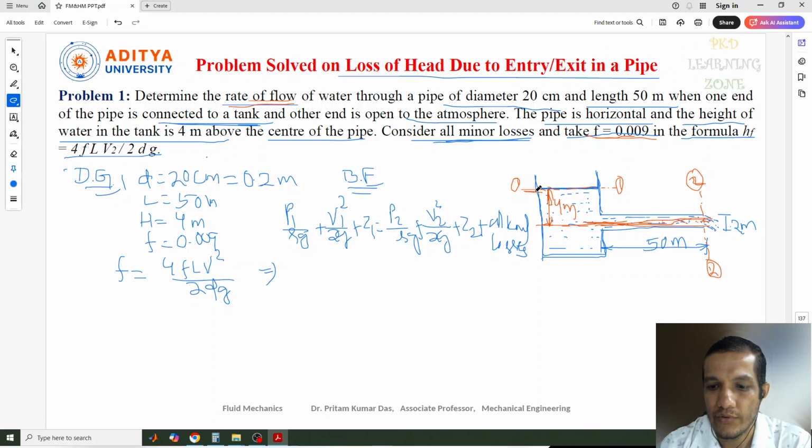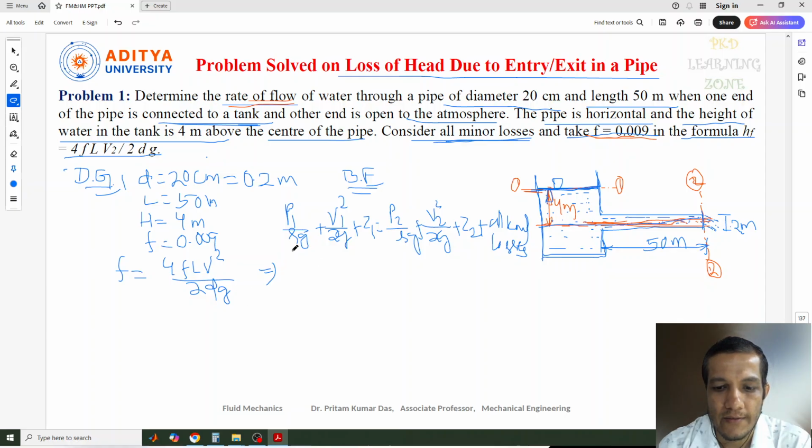Here at the surface level we have atmospheric pressure, and when the fluid leaves at the outlet, it is also at atmospheric pressure. We consider the center line as the datum line, so Z1 height is this one, and there is no Z2 height, meaning 0 at section 2.